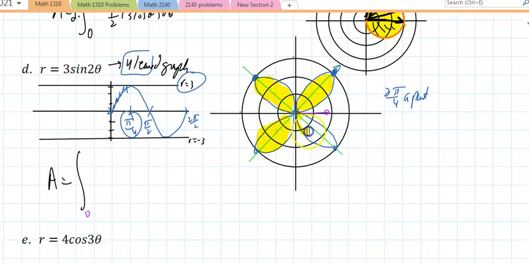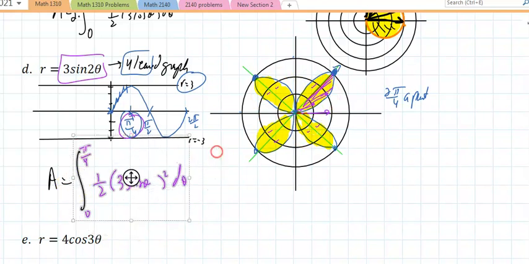But I know because of symmetry, if I start tracing from 0, and I notice the arrow is running just to the actual curve, to pi over 4, of 1/2 r squared d theta. What's r? It's right there. It's 3 the sine of 2 theta. And how many pieces do I have? 1, 2, 3, 4, 5, 6, 7, 8. So this analogy is a must.